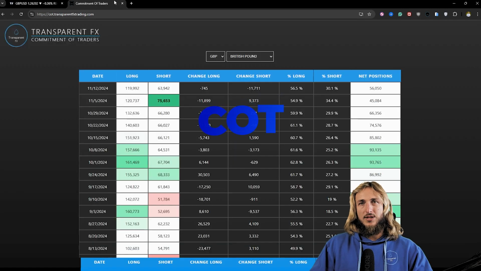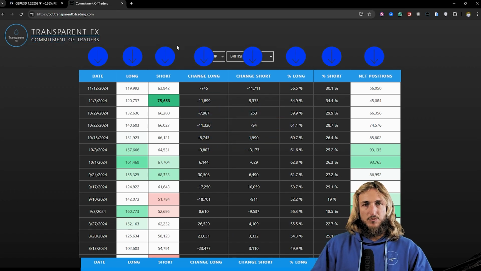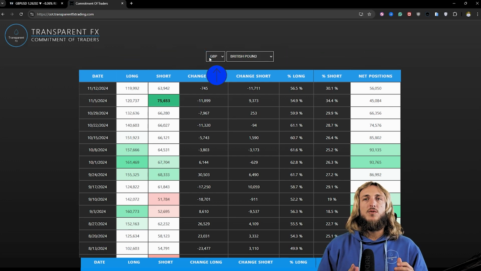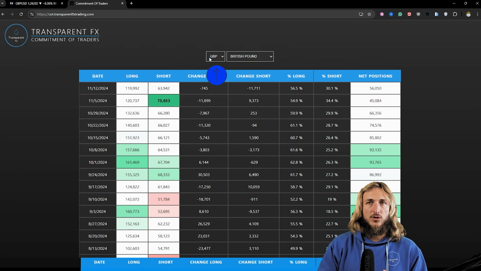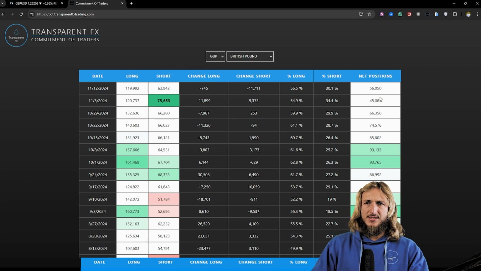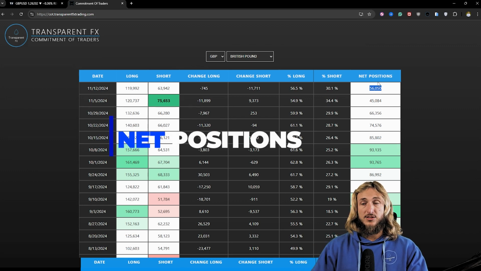Now, before we dig deeper, let's see what we have when it comes to the commitment of traders, so what the big players in the market are doing precisely on the GBP. If we're looking at the GBP, we have to keep in mind that we're looking at the GBPUSD, because all currencies on the spot are traded against the USD. We can see how with the last report, net positions have once again started increasing.